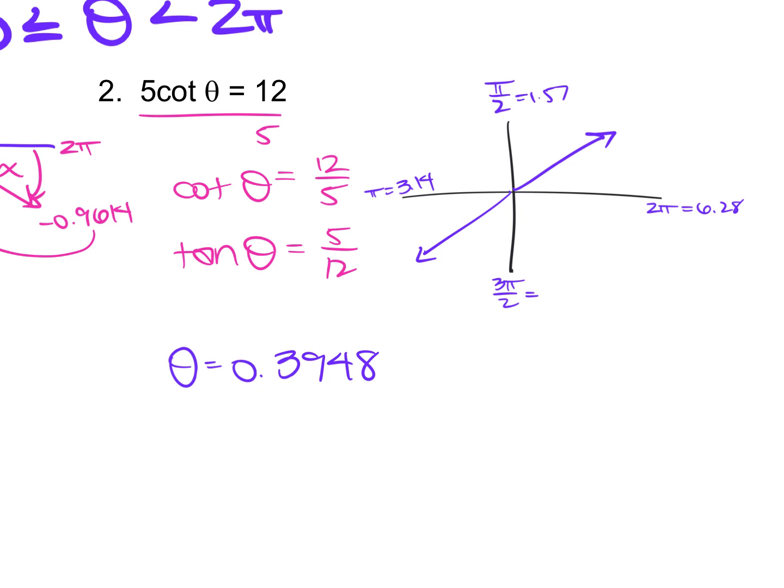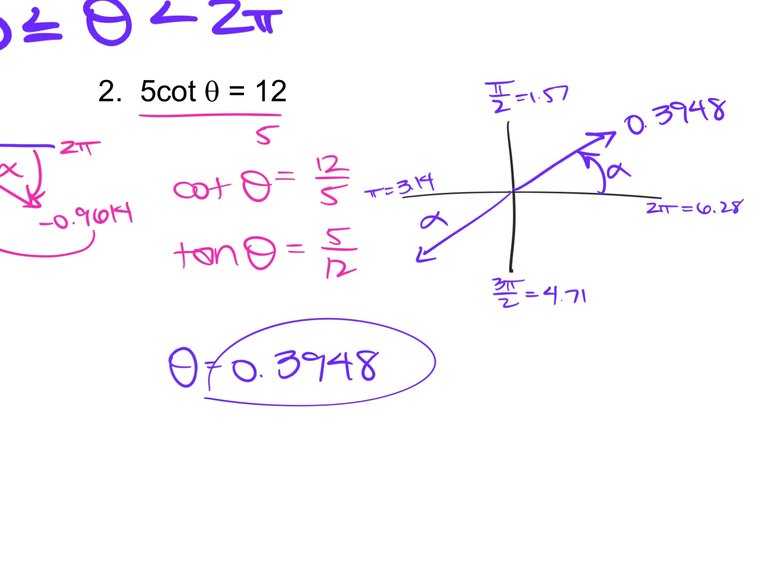But it's about 4.71. Those decimals can kind of help you place where this one is as well. This is smaller than 1.57. Therefore, it must be this answer. Therefore, it is also my reference angle. If it is also my reference angle, I may use it over here to find my second answer.